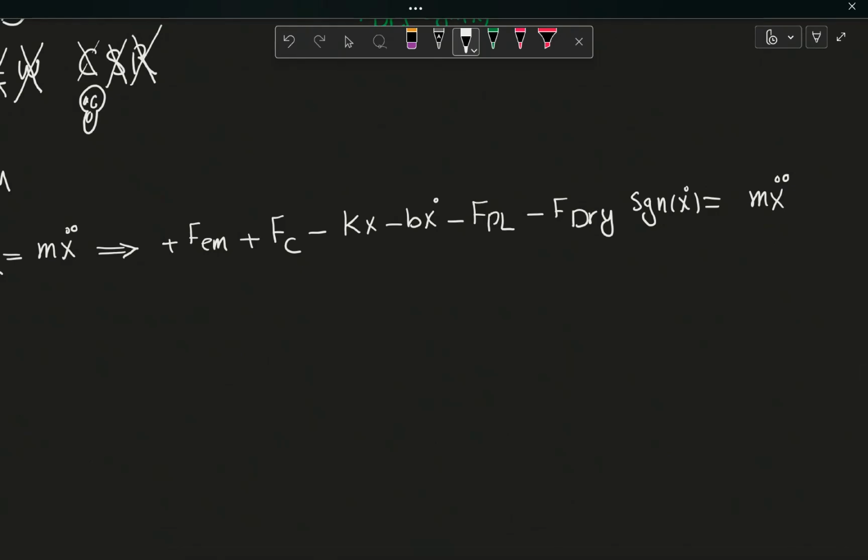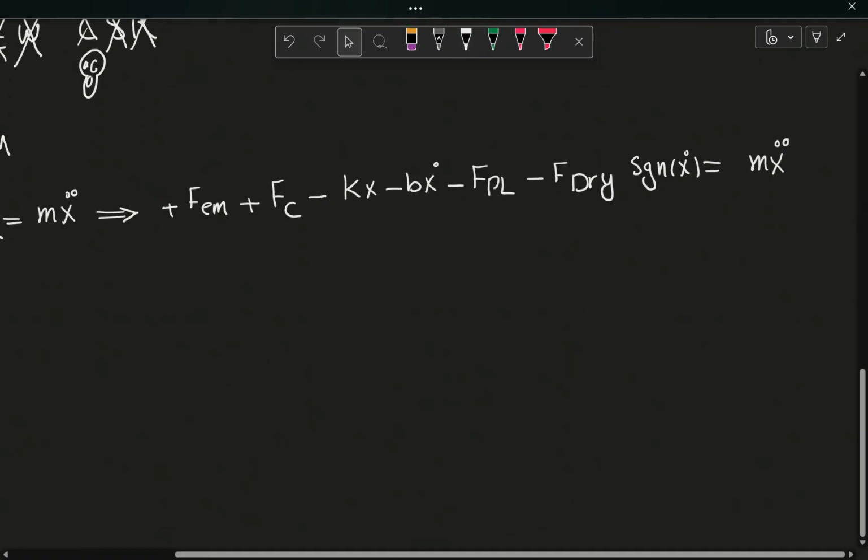Now let's keep the inputs and FC on one side, and bring everything else to the other side. Let's see what we have. It's going to be FEM plus FC equals m x double dot plus Bx dot plus Kx plus, I forgot to put FPL as well here.